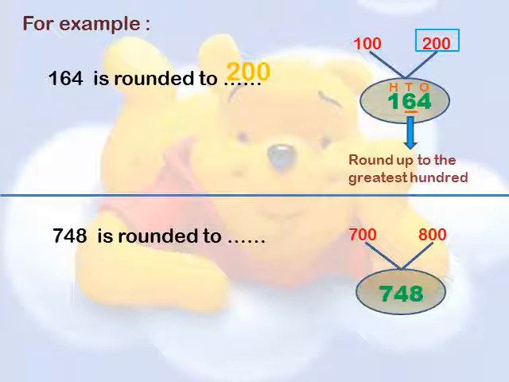Let's look for the tens place. The tens here is 4. So the 4 is weak or strong? 4 is weak. So it will do what? It will round the number to the smallest 100. So 748 is rounded to what? Rounded to 700.